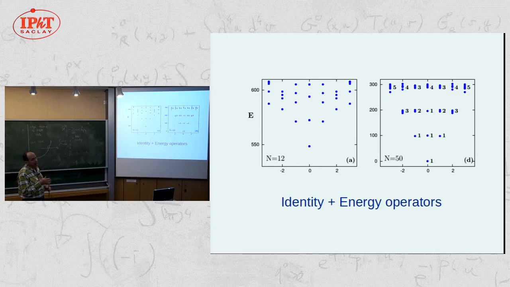If we believe that nothing happens in between, then we can count the states, and we find that they are exactly described as the degeneracy predicted by the theory of one boson times one Majorana fermion. So in this case, it's due to just one boson and the energy operator of the Ising model. It gives the degeneracies which are written in numbers, and you can see the dots that are close to this number, and it matches. So there are more states than predicted by the simple boson theory.